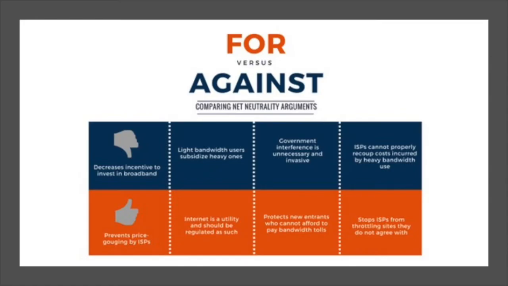Now let's examine the argument against net neutrality. Opponents of net neutrality contend that heavy-handed government regulation stifles innovation and investment in critical internet infrastructure. They argue that ISPs should have the flexibility to manage their networks efficiently and charge higher fees for high-bandwidth services in order to fund improvements and expansion.